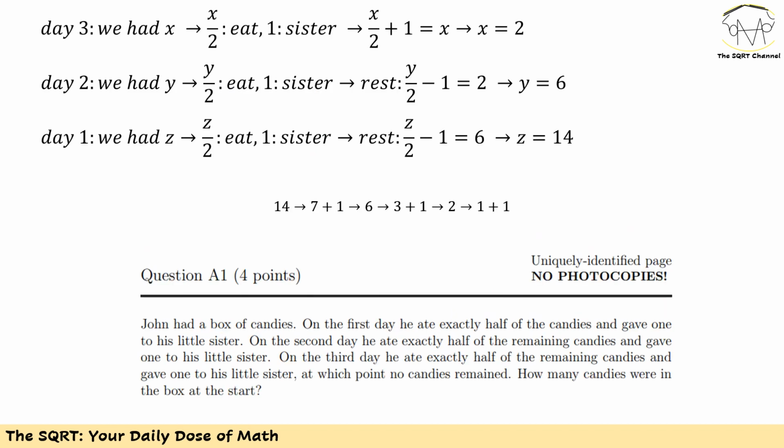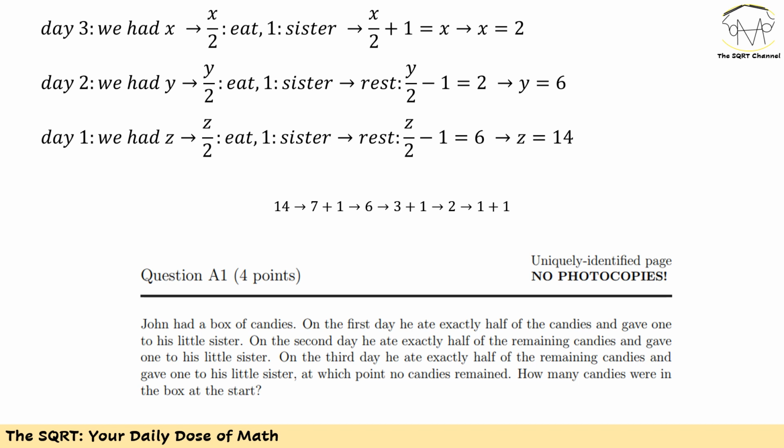To solve this problem, I'm going to start from the third day. Let's assume that John had X candies and now he needs to eat exactly half of these, which is basically X over 2, and then give one to his little sister.